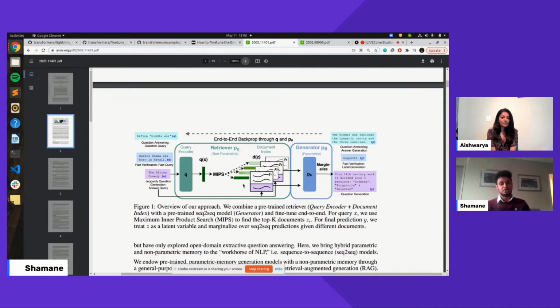Then there's a retriever that uses that input and retrieves the most relevant set of information. Then you use this set of information and try to generate the output. The good thing about this kind of model is they go beyond that black box concept, and you really can access this external knowledge base.